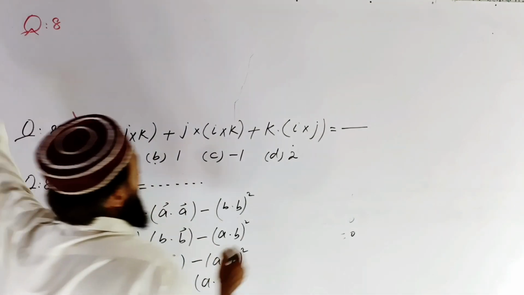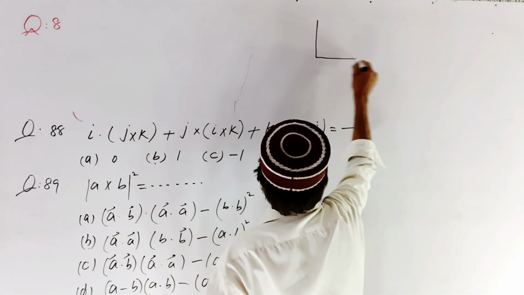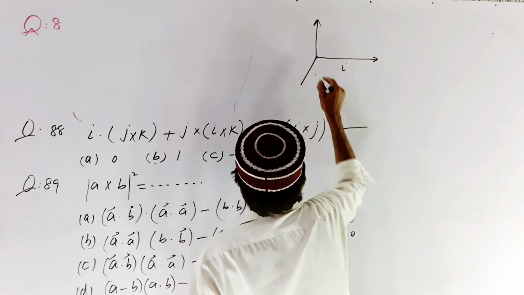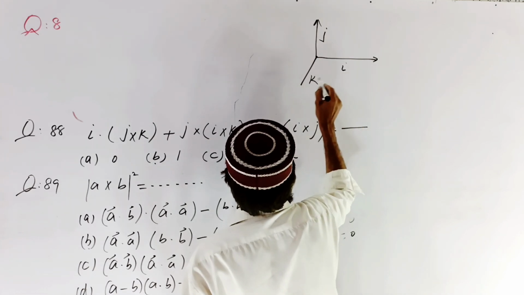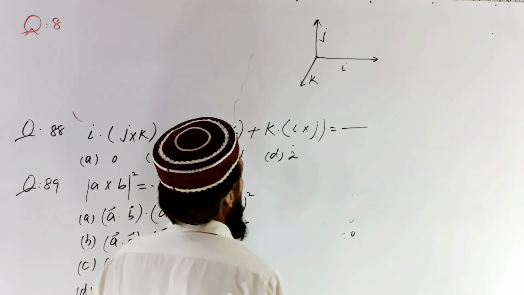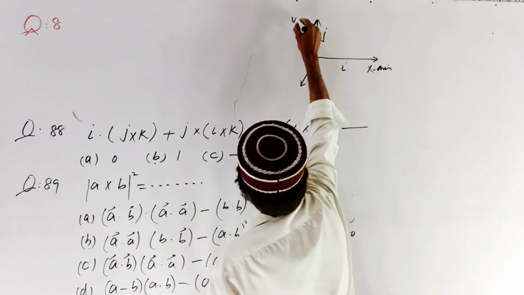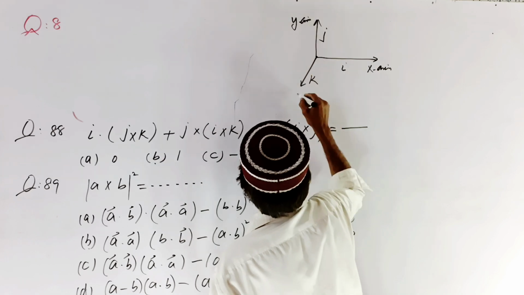According to this definition, I, J and K are the X axis, Y axis and Z axis.